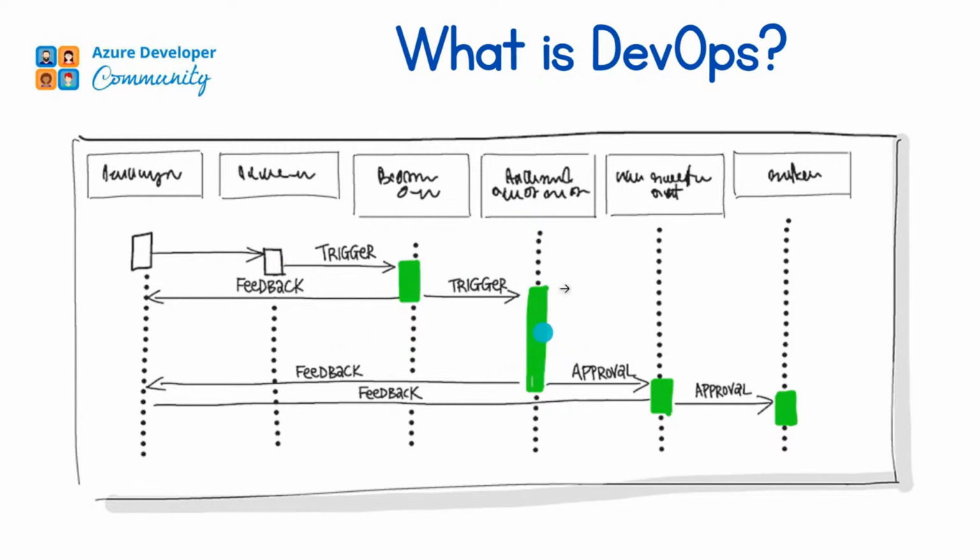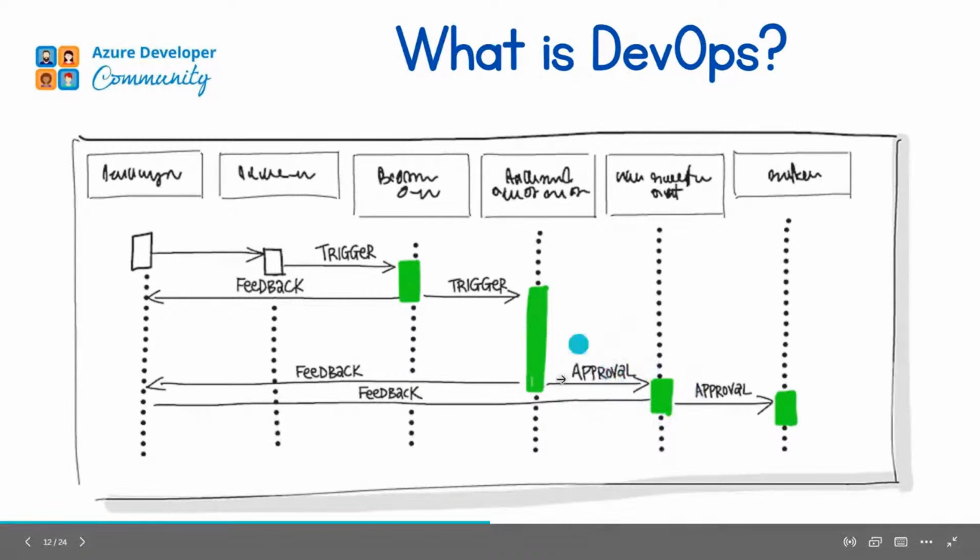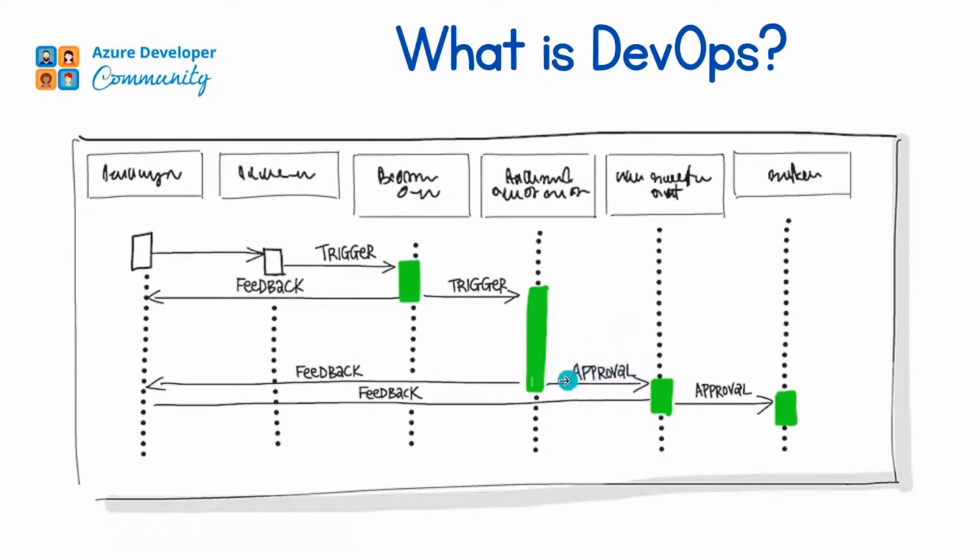After some time that will go into approval, because as I said earlier, in six months your product will be ready. So that is the span of time when your product is ready. At the end of that sprint, you will deploy the whole product on any cloud platform or on-prem as well.